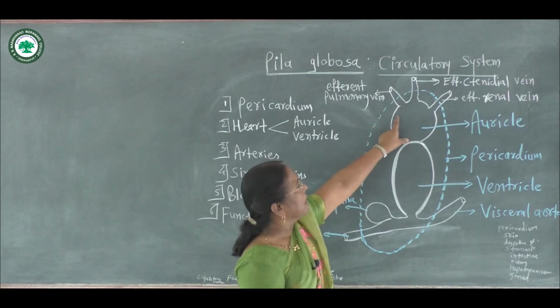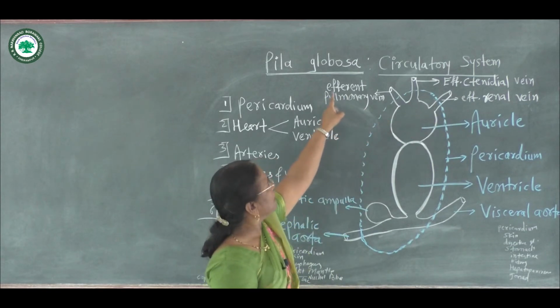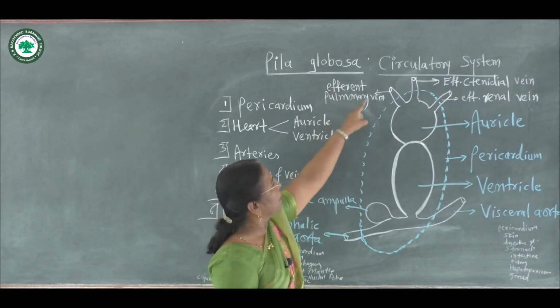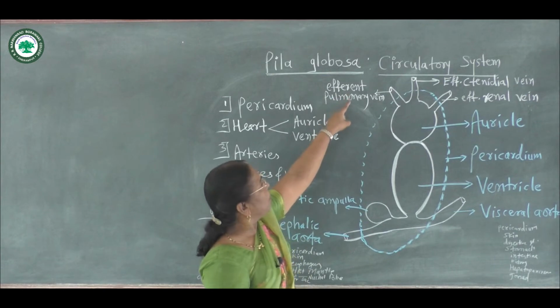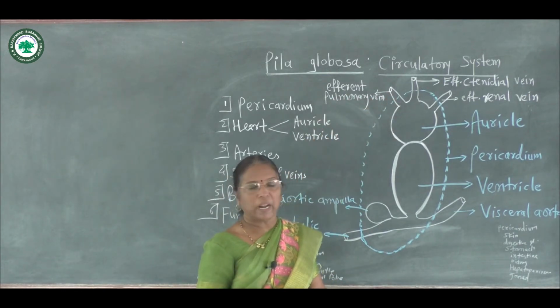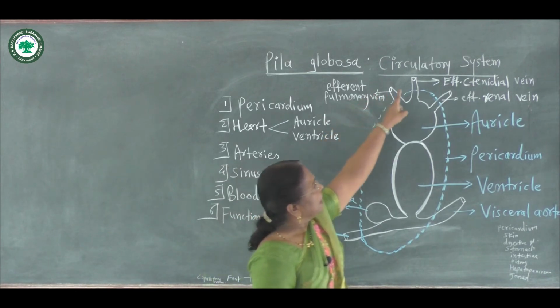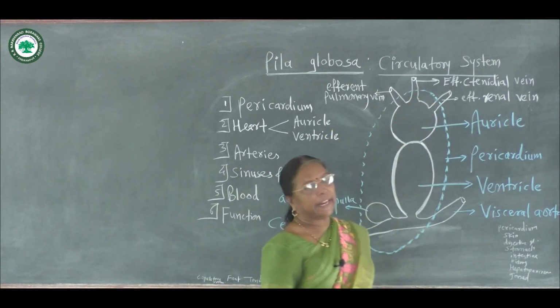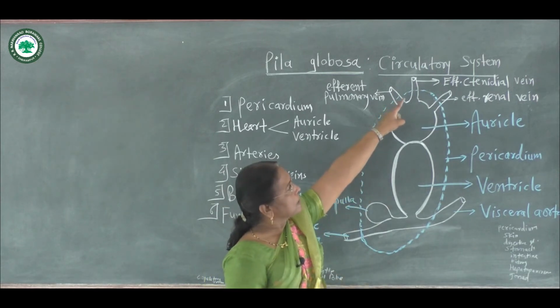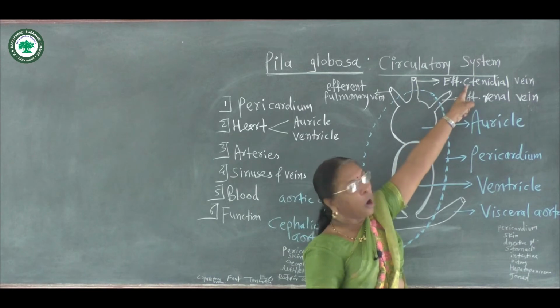This auricle receives three main veins. First, the efferent pulmonary vein, which receives oxygenated blood from the pulmonary sac. Second, the efferent ctenidial vein, which receives oxygenated blood from the ctenidium or gill.